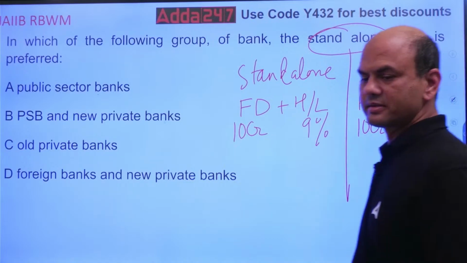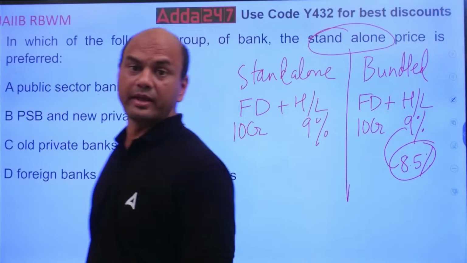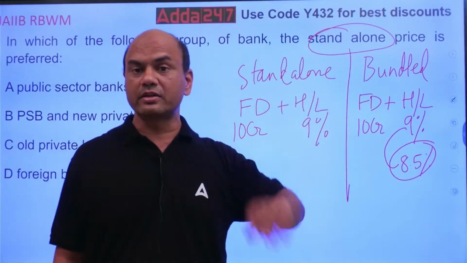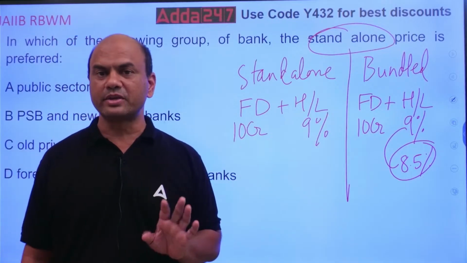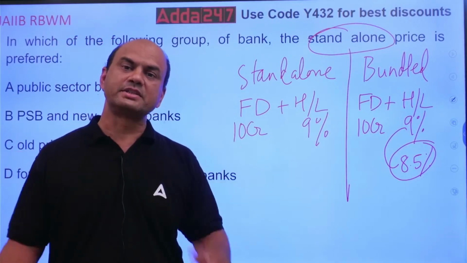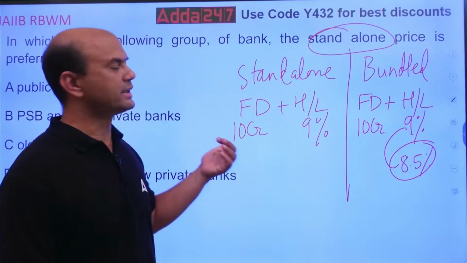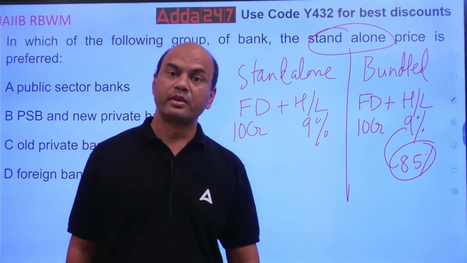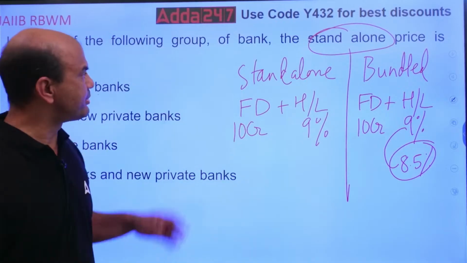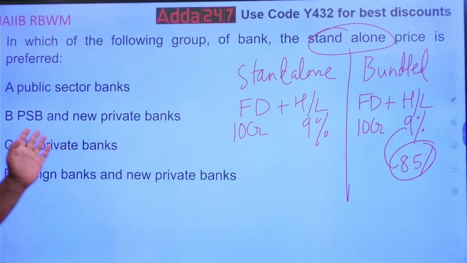Preferred pricing. Why? Because I am having the FD of 10 crores. Because in bundle pricing, combined profit is checked. In standalone pricing, single profit is checked. So the question over here is, which bank follows this standalone pricing?